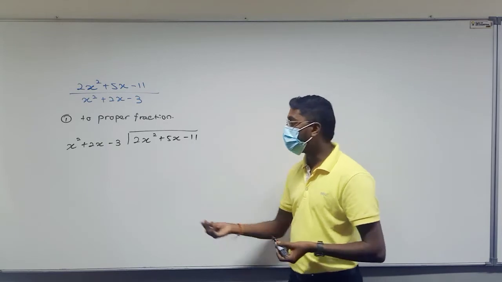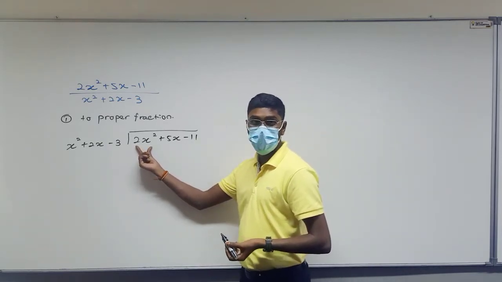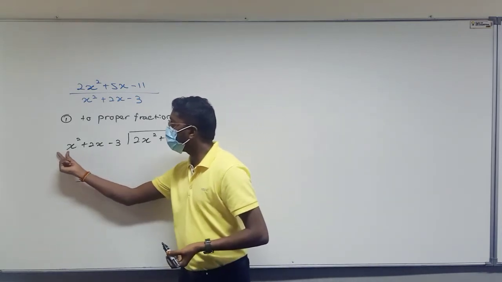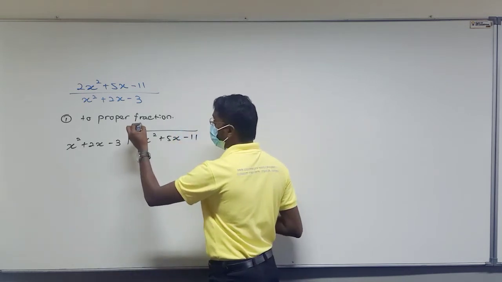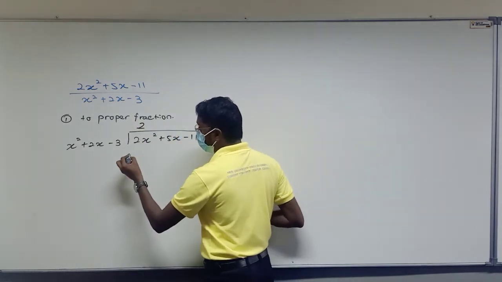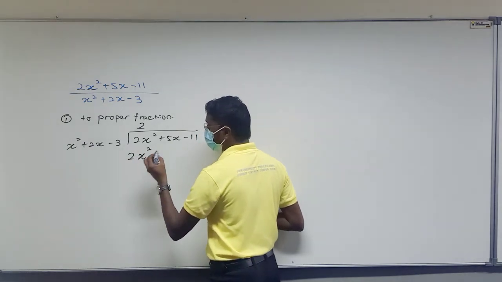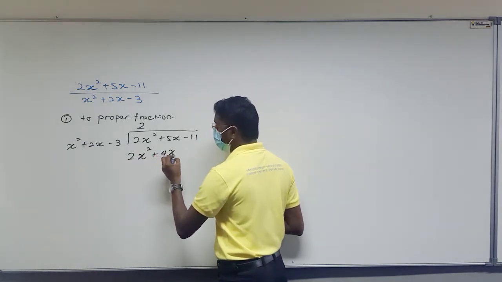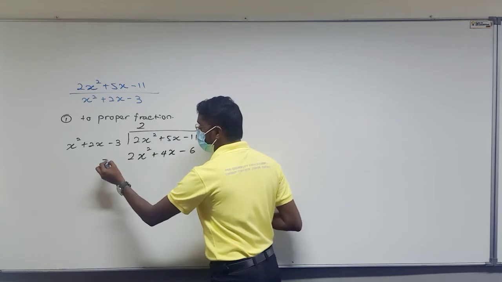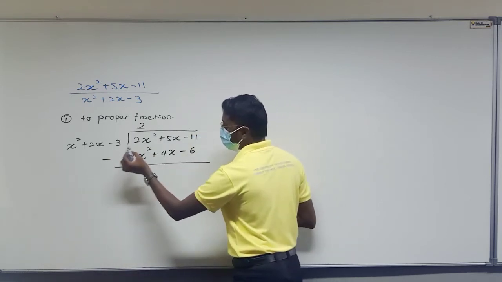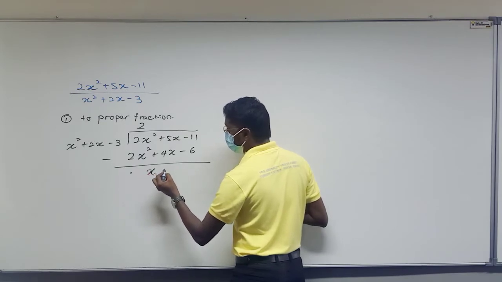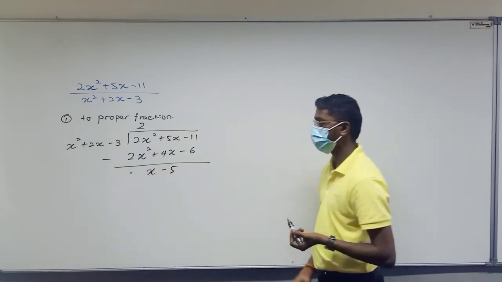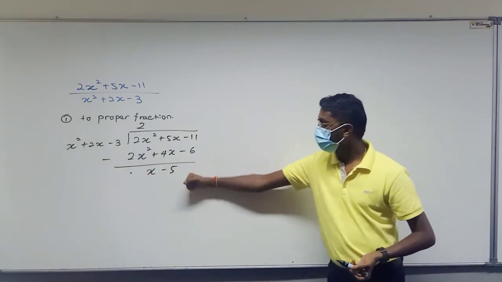So we're going to eliminate the 2x squared over here. In order to eliminate this, I must multiply the divisor with 2. So I multiply the whole expression with 2, and it's going to be 2x squared plus 4x minus 6. So I subtract, and it's eliminated, leaving x minus 5.